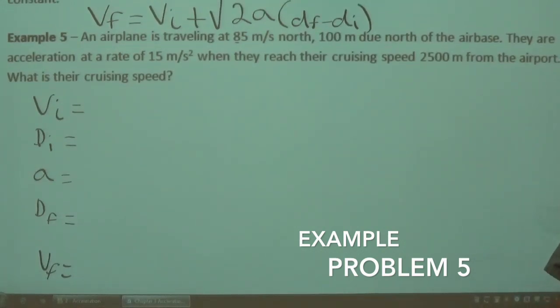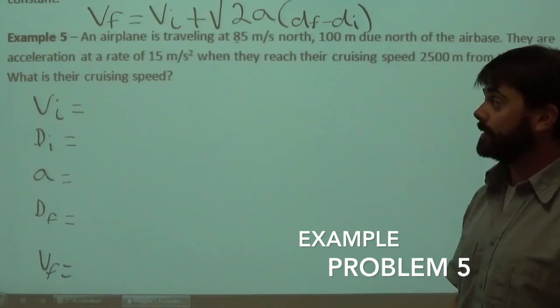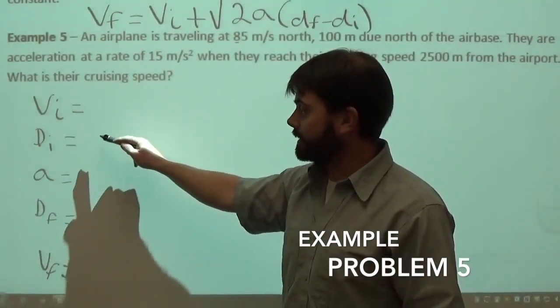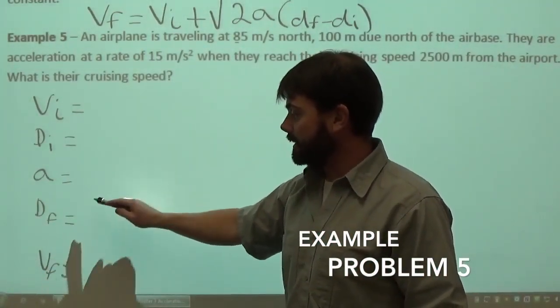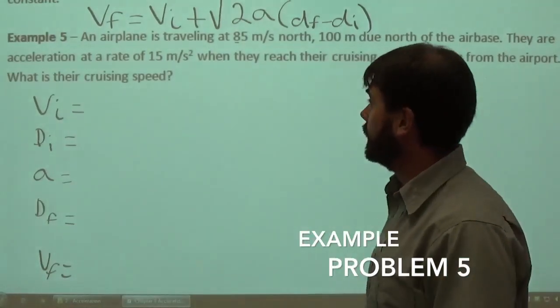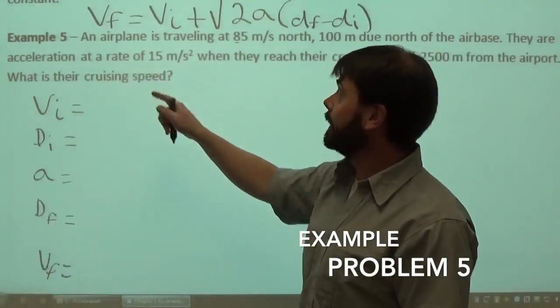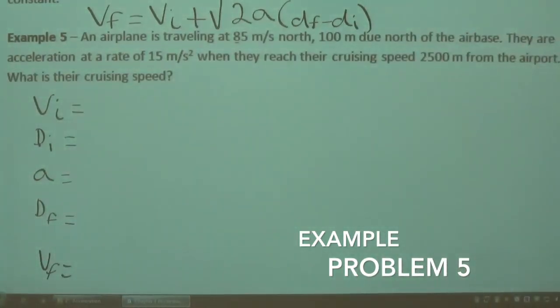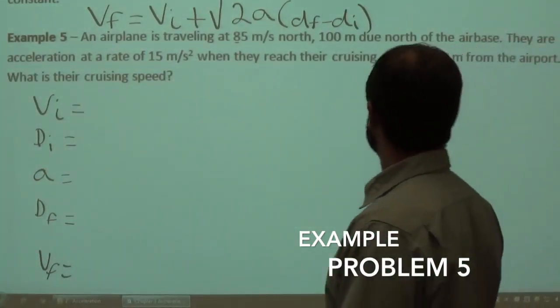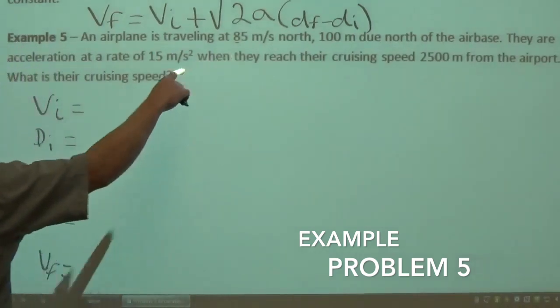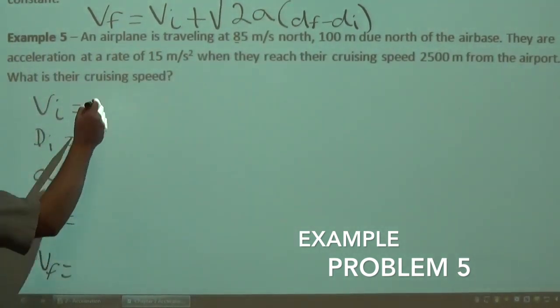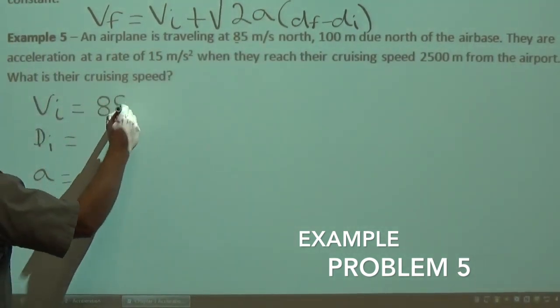For example 5, we have a few variables we haven't used yet: velocity initial, distance initial, acceleration, distance final, velocity final. The problem reads this: an airplane is traveling at 85 meters per second north, 100 meters due north of the airbase. So the initial velocity that they give us is 85.